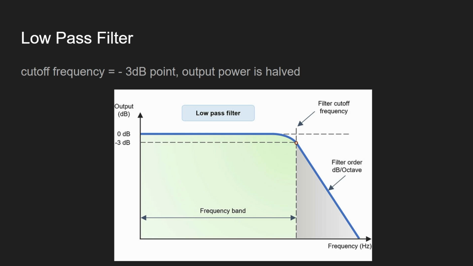By definition, the cutoff frequency is the minus 3 dB point. Like if I define this point as 3000 hertz, I would say that the cutoff frequency is 3000 hertz.